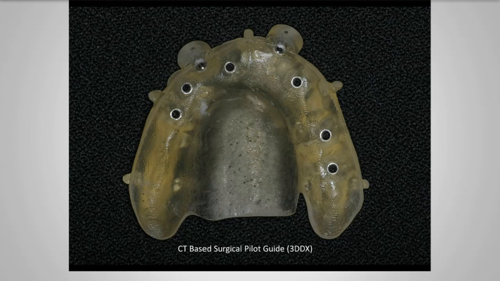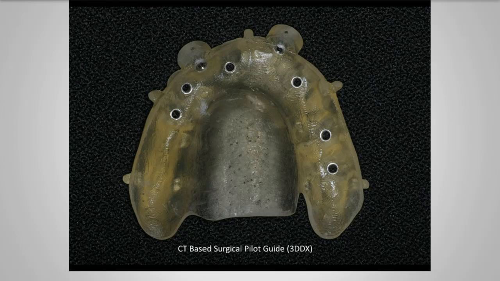So utilizing the services from 3D Diagnostics, we went ahead and had a surgical guide fabricated. These are the areas. Routinely, I will use a pilot guide. There are 3 different types of surgical guides one can use.